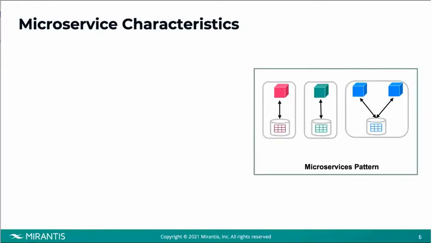So now that we see what this pattern visually would look like, it's important to underscore or get familiar with the specific characteristics of a microservice pattern or an application that's moving towards or will be developed in this type of pattern.